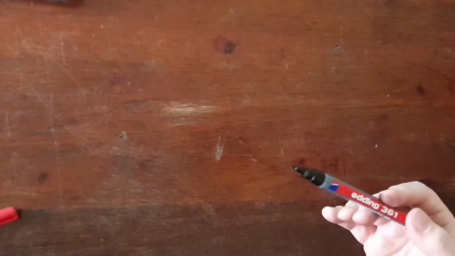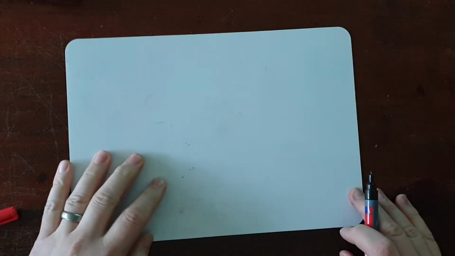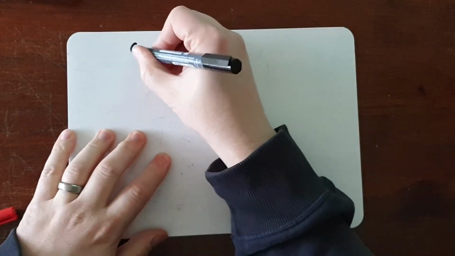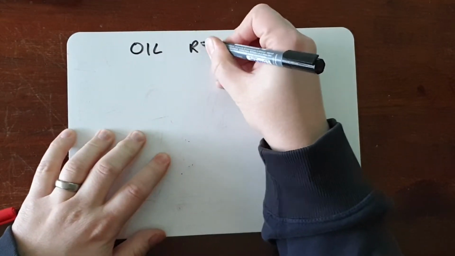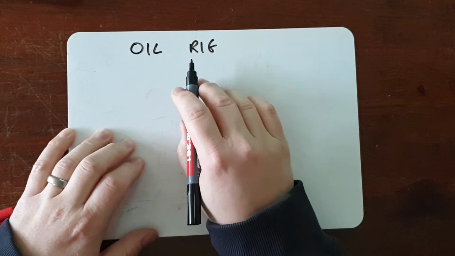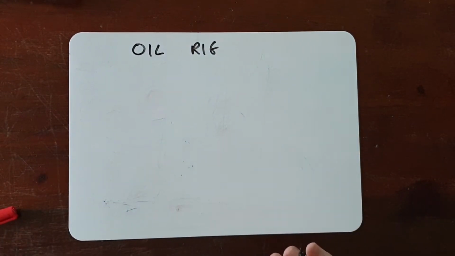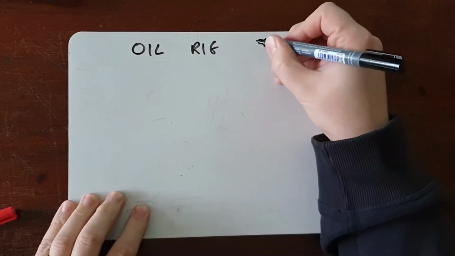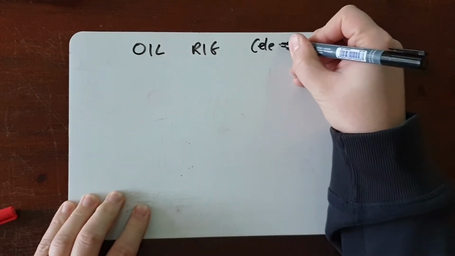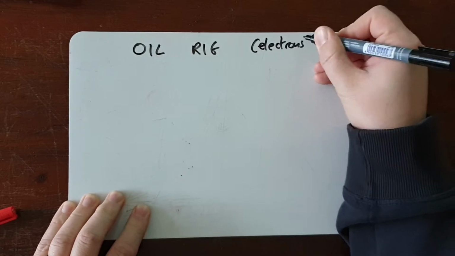Now, I know for the last few videos, I've been talking about oxidation and reduction. We've gone OIL RIG, right? Oxidation is loss, reduction is gain. Now, when we're talking about OIL RIG, that is referring just to electrons.